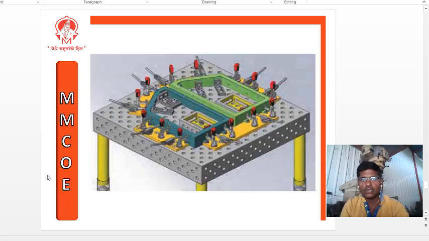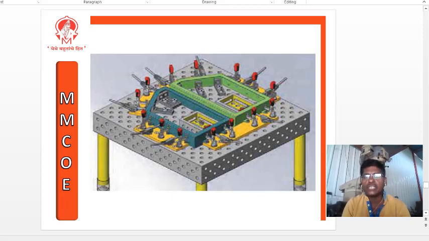As you can see, these are the various clamps. By using these clamps and this plate, we can adjust the size of the component, the location pins and so on.